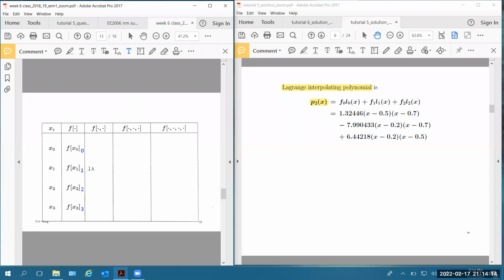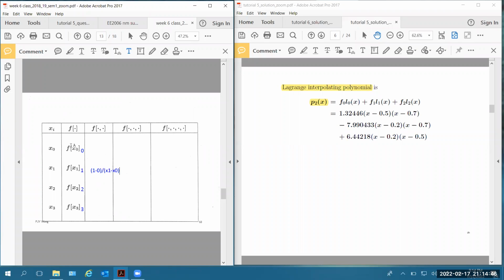All right. Now, how do I write down this number here? According to the definition of divided difference, this number is 1 minus 0, that means this minus this, and then I should put bracket. 1 minus 0, and then divide by what? Divide by x1 minus x0.